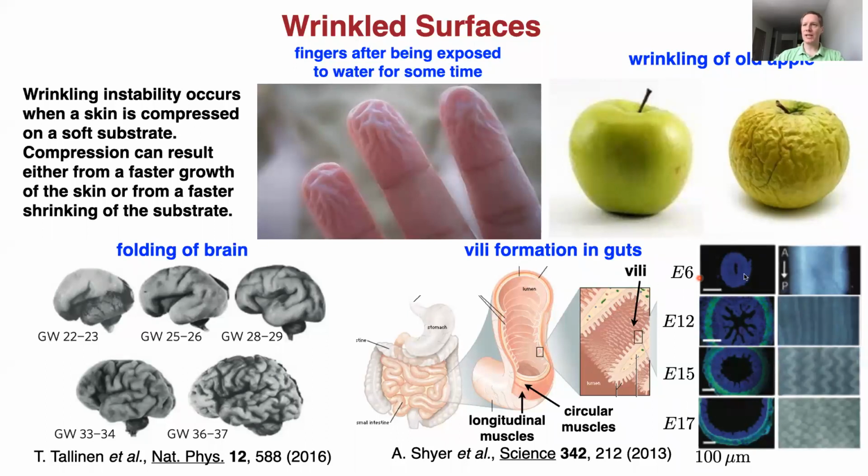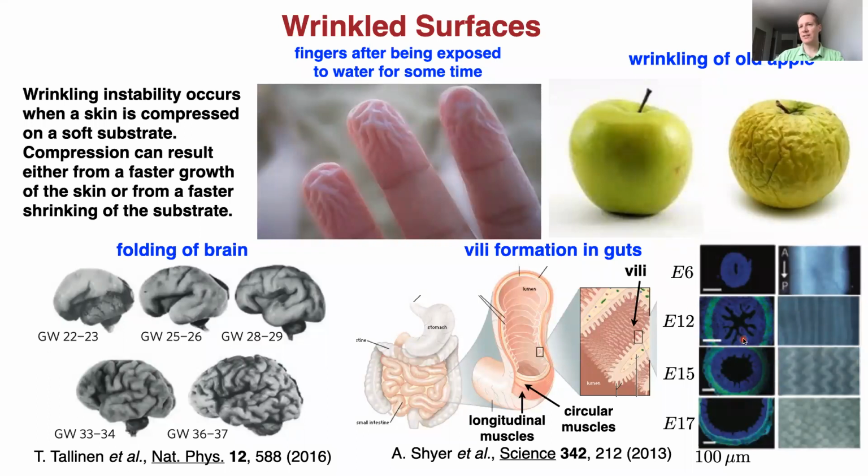What you're looking at here are cross sections of the guts in chicken embryos that were 6 days old, 12 days old, 15 and 17. This is showing what's happening on the interior surface of the lumen. So again, you see that initially it's smooth, just like it was in the brain, but eventually you start seeing these stripes forming.